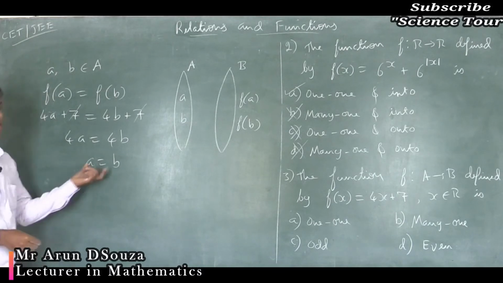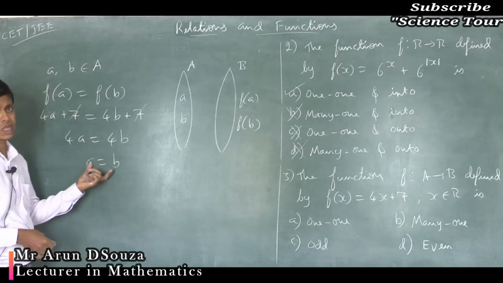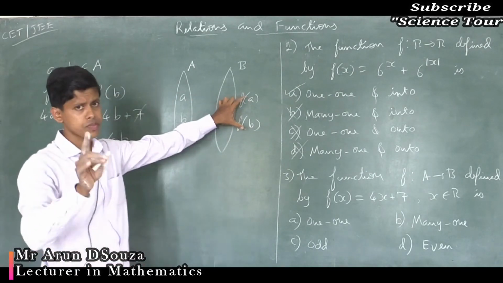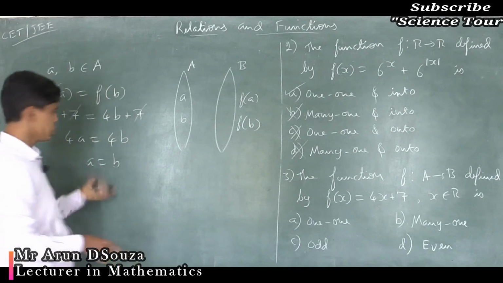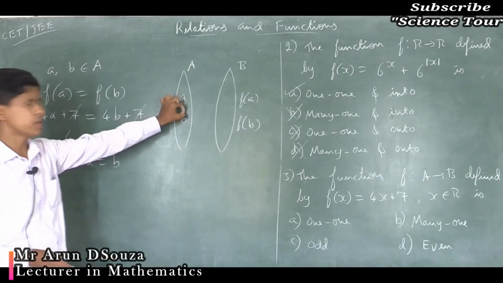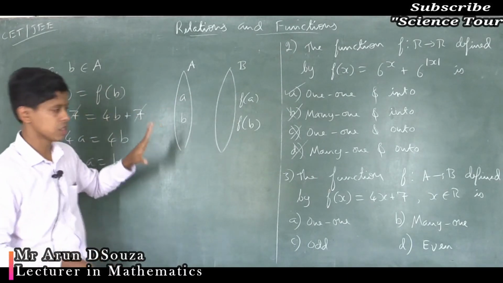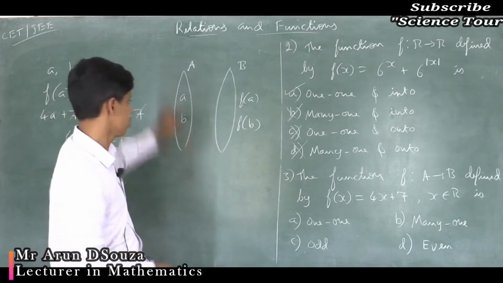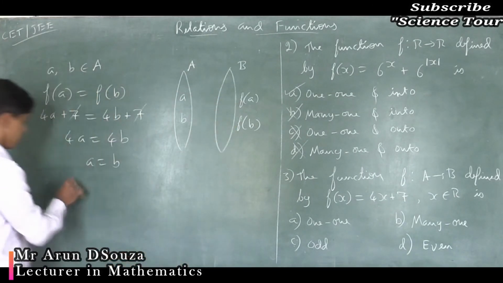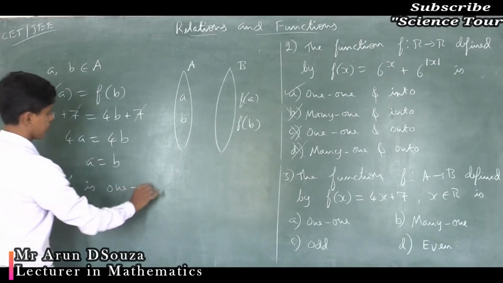Now that's what tells us that this function is 1 1. We considered that the images are equal, and finally we proved that the elements are also equal. That means there is only one element and there is only one image. So there is no such situation that you have two elements going to one single image. So this is 1 1, hence f is 1 1.